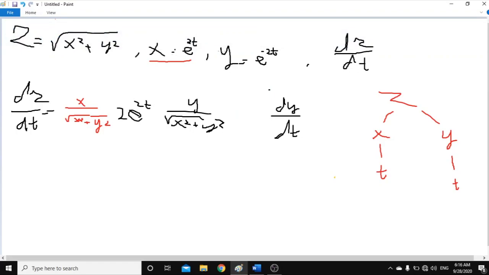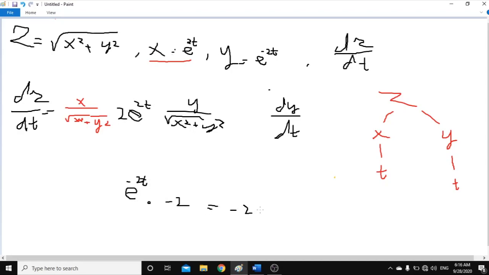So let's solve y is equal to e to the minus 2t. Let's take the derivative for this one. For the exponential function, we write the same value, then times the derivative of the inside with respect to t. So minus 2.